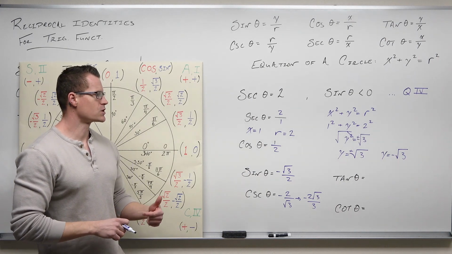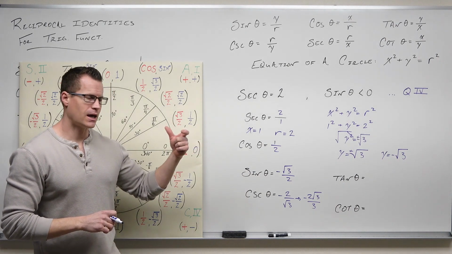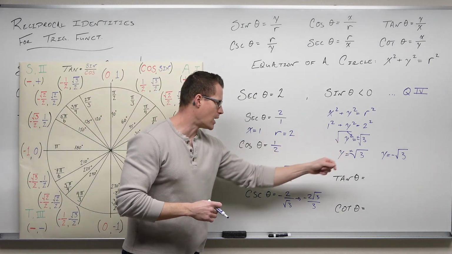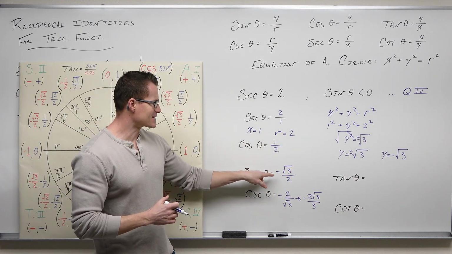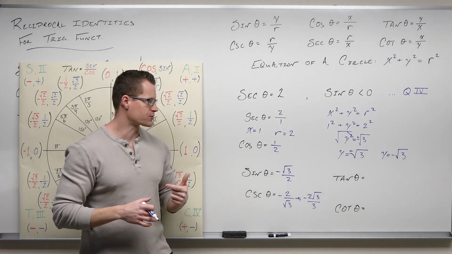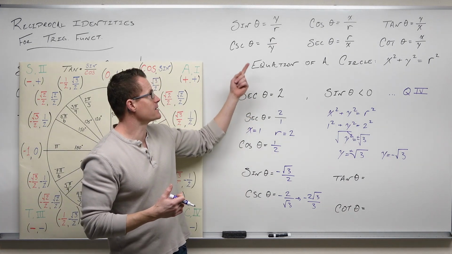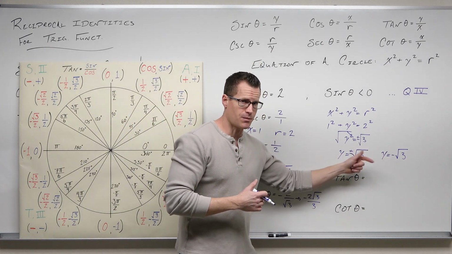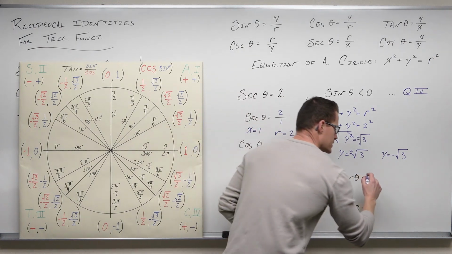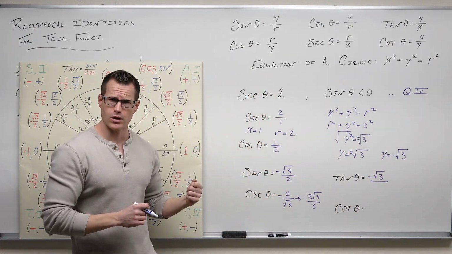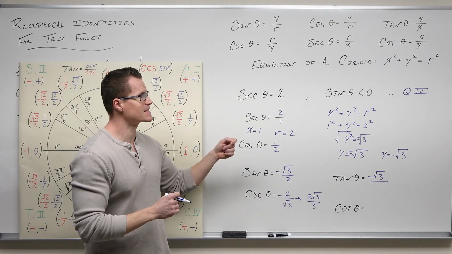Tangent compares your y and your x. If you have an x and a y, don't be going and taking sine divided by cosine. You'd have to simplify that complex fraction. Let's just think about it as, hey, tangent's y over x. Here's your y. You know that it's negative and not positive because of the quadrant. That determines that tangent is also negative because of that quadrant. Quadrant 4, tangent's negative, and you see that.